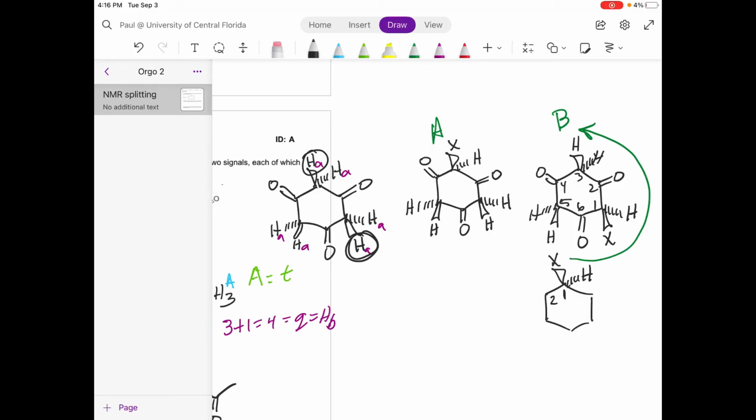And carbon 2 is going to have my double bond there, double bond there. Now we have B prime. Just rotated it. Now can you see how we can pick up B prime and just plop it and superimpose it right on top of A? So that makes them identical, which is homotopic.